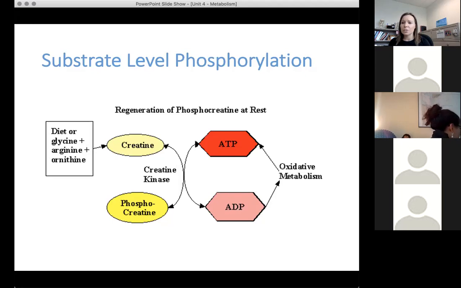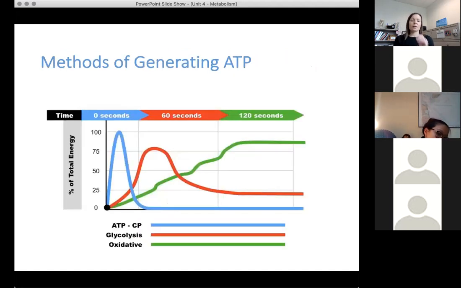And this occurs during cellular respiration, when energy is captured during the breakdown of food to make ATP.